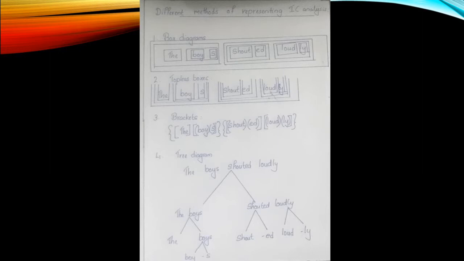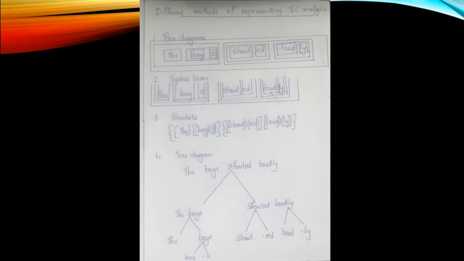Now, the constituents of boys will be boy and s. Constituents of shouted, shout and ed. Constituents of loudly, loud and ly. Again shown by means of separate boxes.